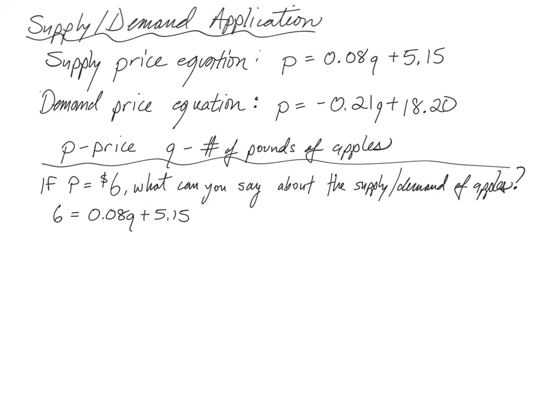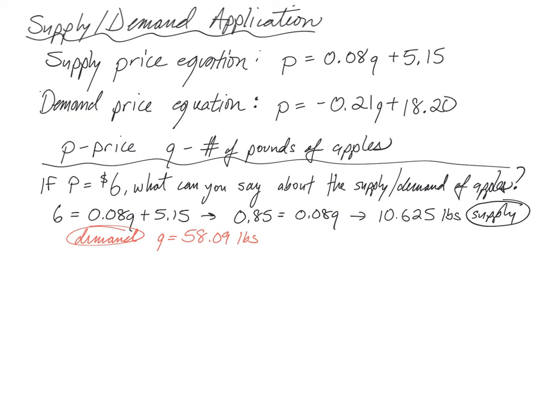So if the price is $6, we can solve for Q, which means we can subtract 5.15 from both sides to get 0.85 equals 0.08Q. And from there we can divide by 0.08 to get 10.625 pounds. And you can do something very similar to the demand equation.